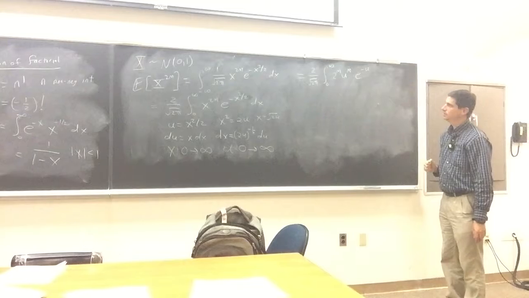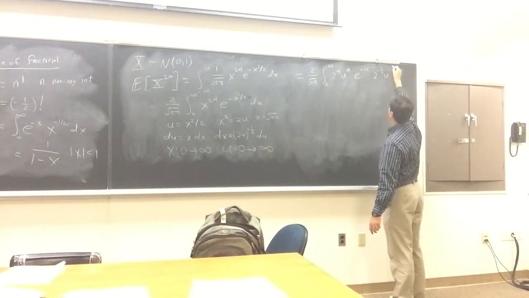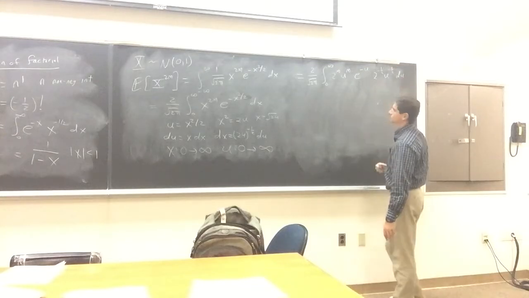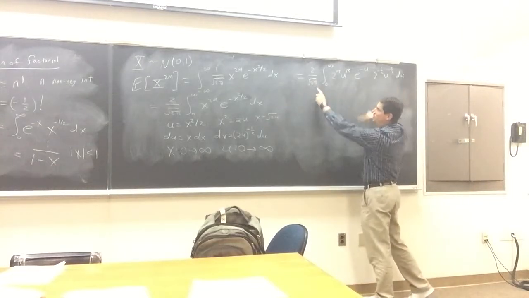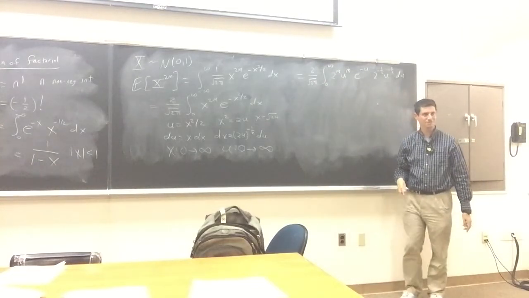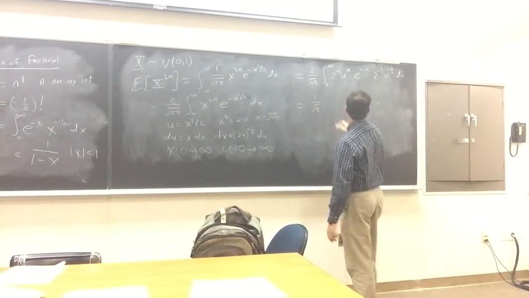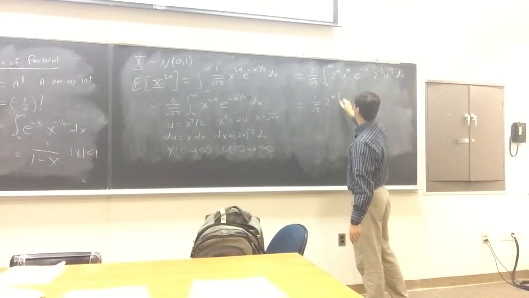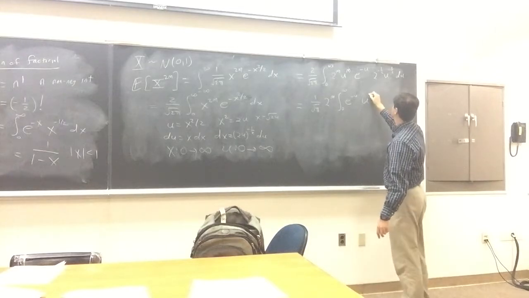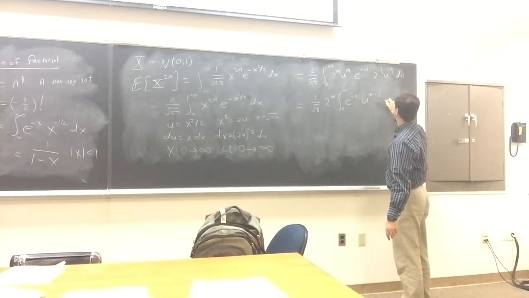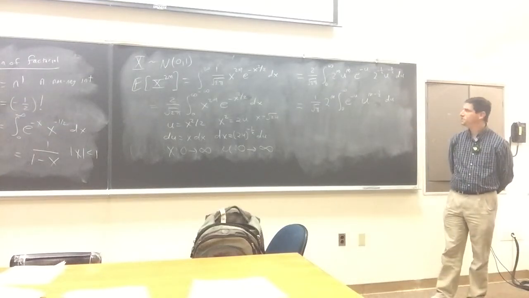And then dx is going to become 2 to the minus 1/2 u to the minus 1/2 du. We've got a 2 to the minus 1/2 up there, a 2 to the minus 1/2 down here, and a 2. They all cancel. So we get a 1 over square root of pi, we have a 2 to the m, we have an integral from 0 to infinity of e to the minus u, and then we have a u to the m minus 1/2 du. What does this look like?